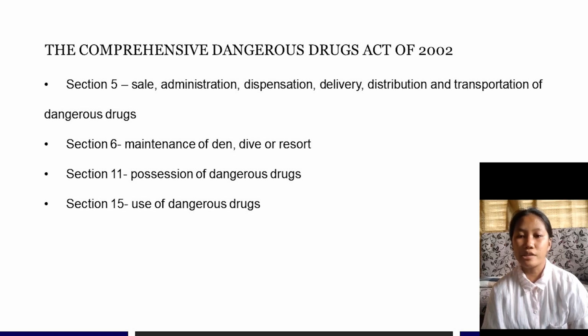If apprehended using any dangerous drugs for the second time, he or she shall suffer the penalty of imprisonment ranging from 6 years and 1 day to 12 years and a fine ranging from 50,000 pesos to 200,000 pesos, provided that this section shall not be applicable where the person tested is also found to have in his or her possession such quantity of any dangerous drugs provided for under Section 11 of this Act, in which case the provisions stated therein shall apply.